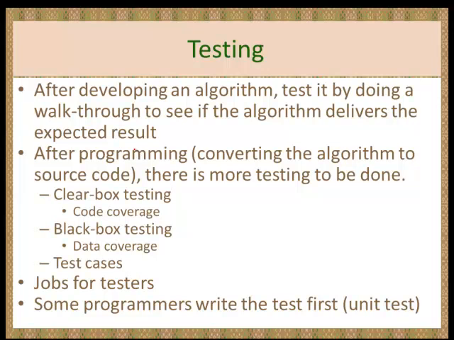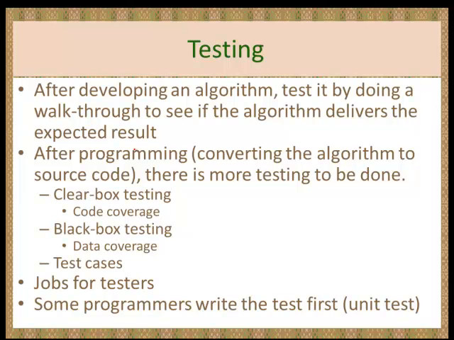The very end of chapter 6 discusses testing. After you develop an algorithm, test by doing that walkthrough that we just did, and see if you get the expected results. If you don't, then check your logic, see what's wrong. Sometimes you don't see the error in the algorithm, in the pseudocode.